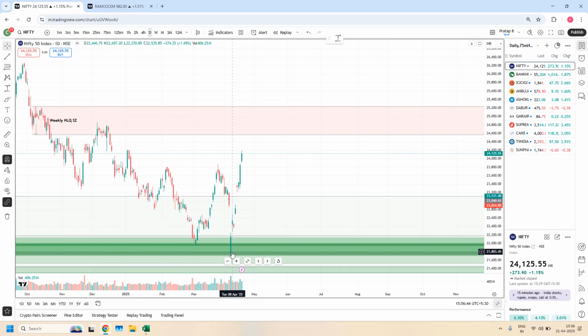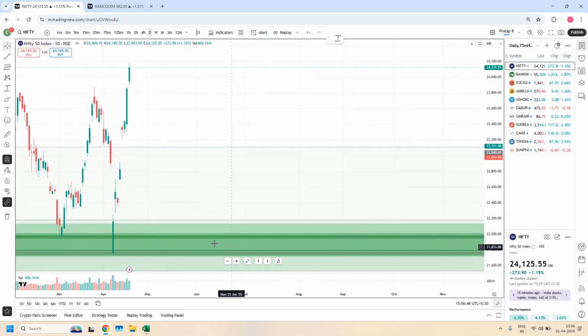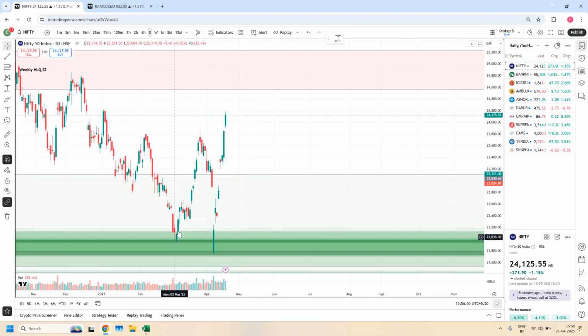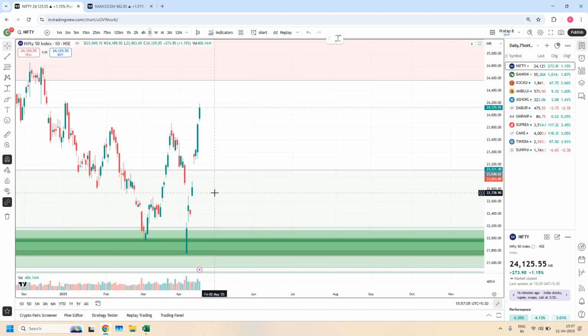That's why we discussed that the pierced zone strategy is a powerful strategy. Here, it gave you around 800 points from here to here. It's a big move. After that, prices sharply came down, mainly because of this trade war. Due to that, prices sharply came down. Now again see how sharply prices are moving.